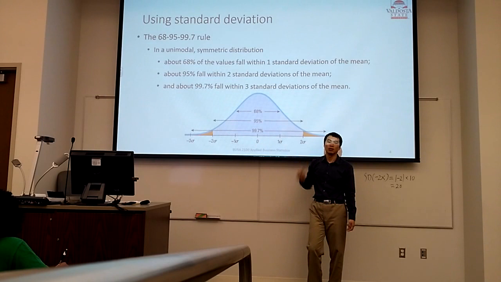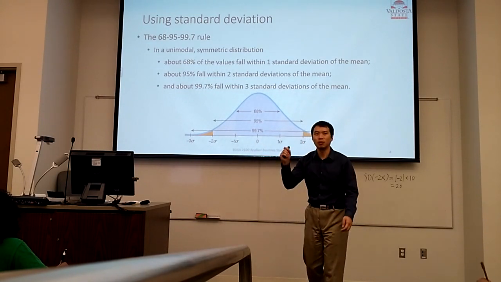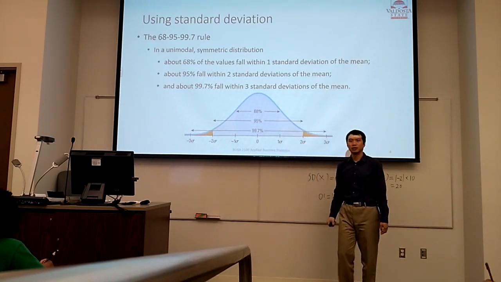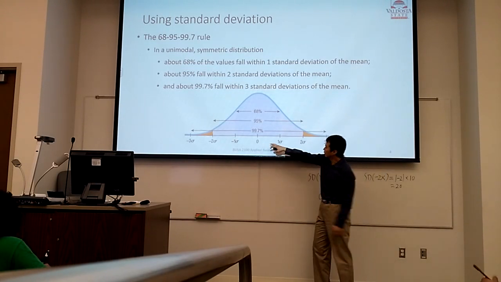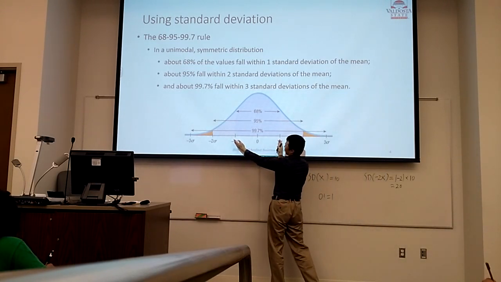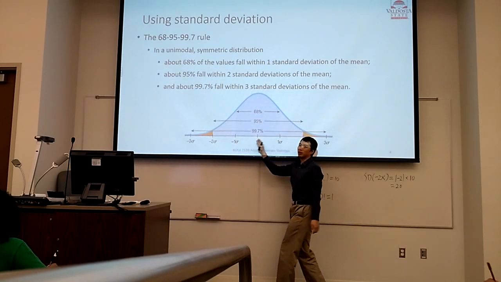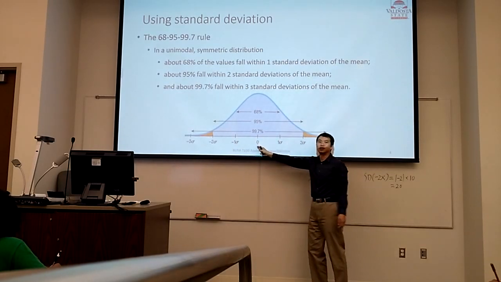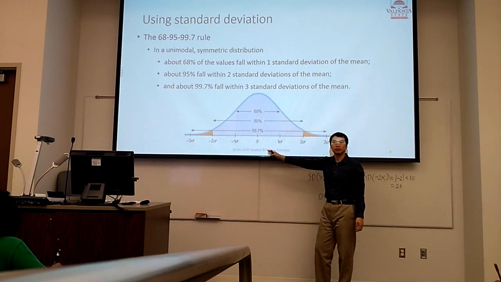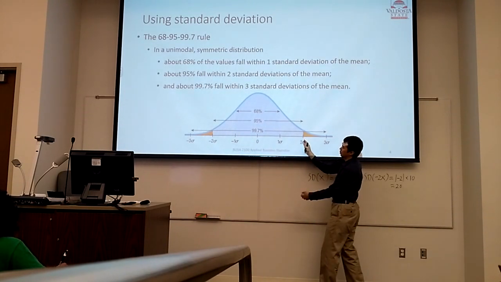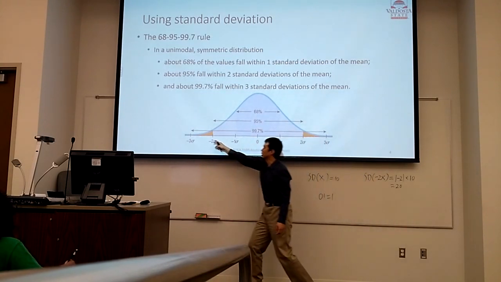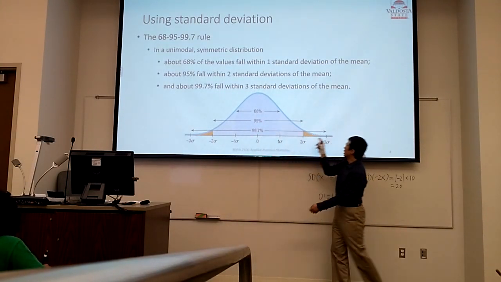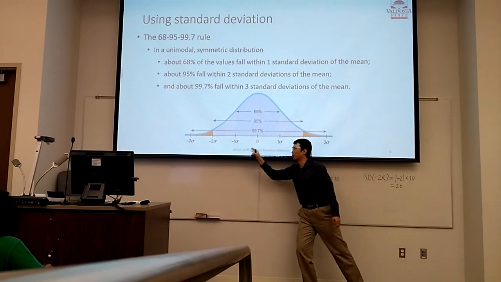That's one parameter. The second parameter is the standard deviation. In this figure, from here to here is 1 standard deviation away from the mean. From here, this is 2 standard deviations away from the mean, and here is also the same. And 3 standard deviations away from the mean.